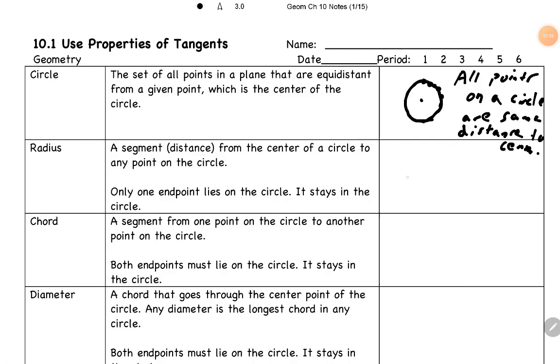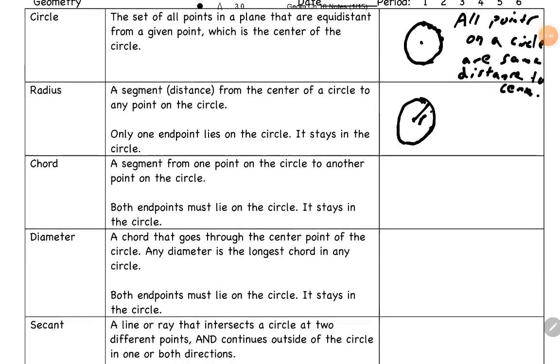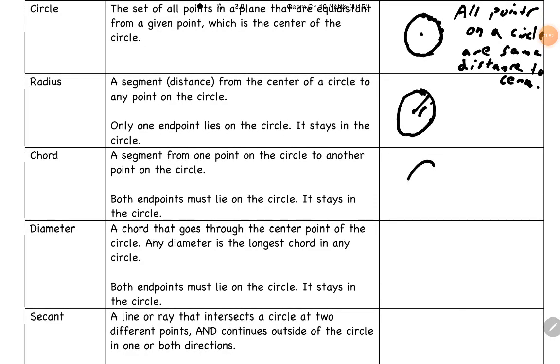The radius of a circle is the distance from the center to any point on the circle. And we call it R. A chord is a segment from one point on the circle to another.